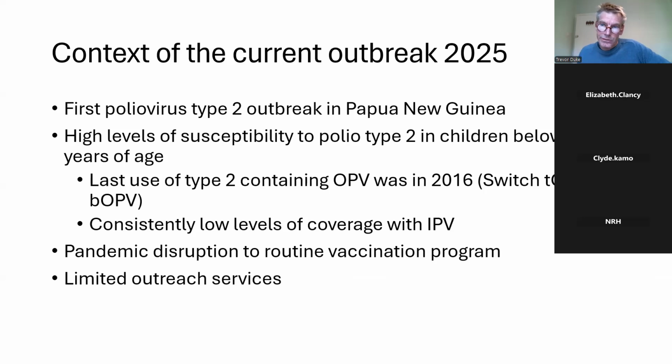I just want to say what the current context of the outbreak is at the moment. Firstly, there hasn't been a case of paralytic poliomyelitis, and I think this virus strain that's circulating has potential to become neurotropic, it has potential to become neuropathogenic and cause paralytic poliomyelitis, but there hasn't been much evidence that it is.